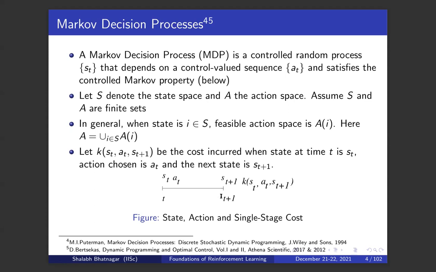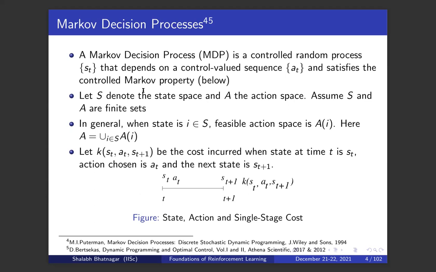At time t+1, the state is s_{t+1}, and what is received by the agent is this cost, K(s_t, a_t, s_{t+1}). It depends on the state s_t at time t, the action, and in general also the next state. Many times one can ignore this next state, but that can be derived as a special case of this more general setting.